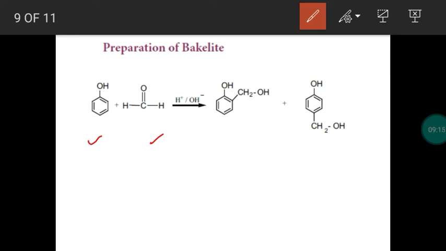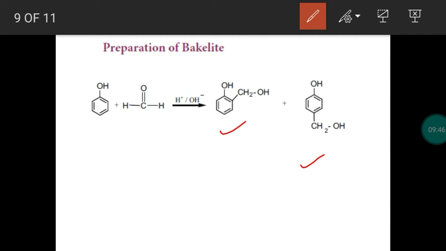When the monomers phenol and formaldehyde are heated in the presence of acid or base, it forms another substance called ortho-hydroxymethylphenol. This is ortho-hydroxymethylphenol. This is para-hydroxymethylphenol.